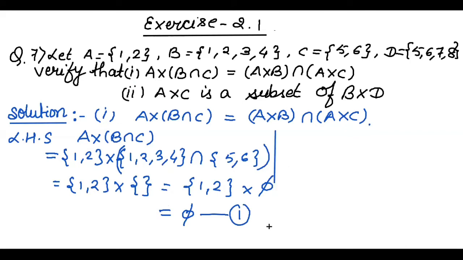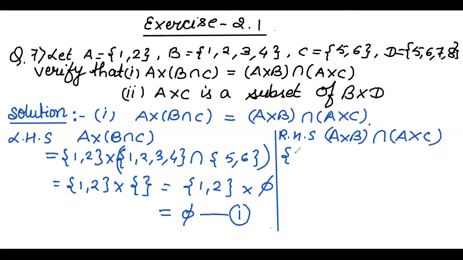Then the RHS part we will discuss now. RHS is here A cross B intersection A cross C. So A cross B we will find out: 1, 2 cross the elements 1, 2, 3 and 4.